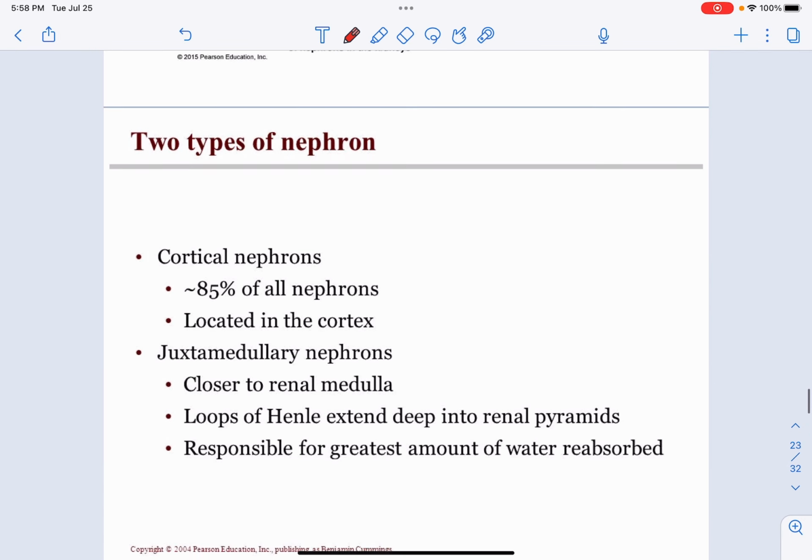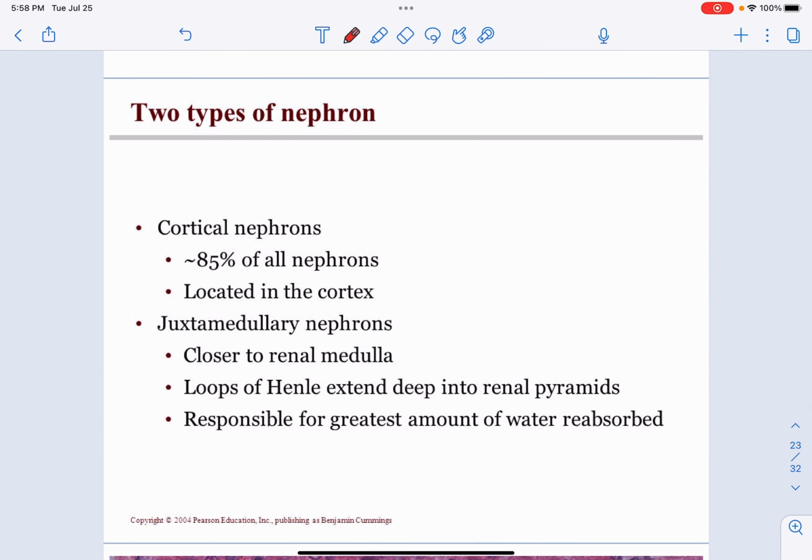We have two types of nephrons in the kidneys. The two types are called cortical nephrons and juxtamedullary nephrons. Most of the nephrons in the kidneys are cortical nephrons. They make up about 85% of all the nephrons.